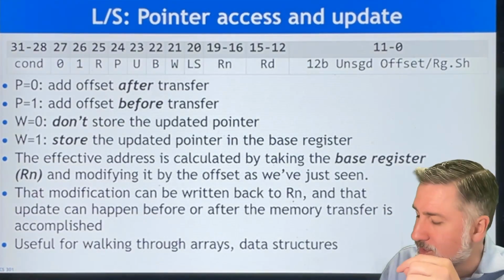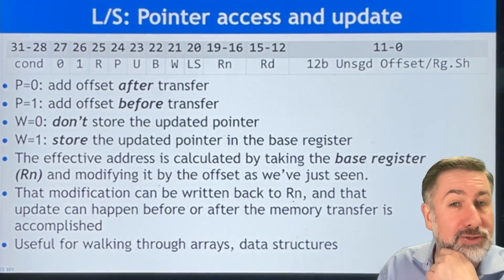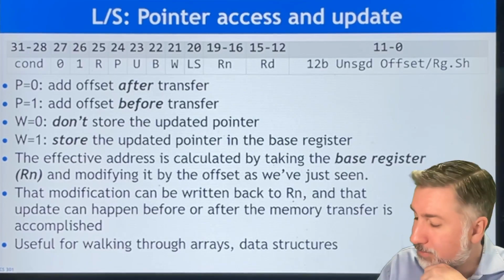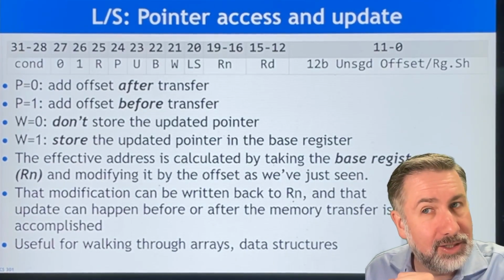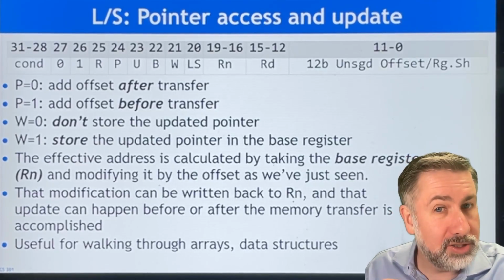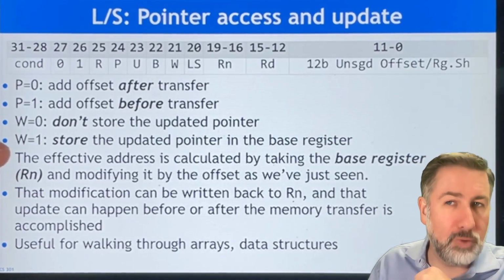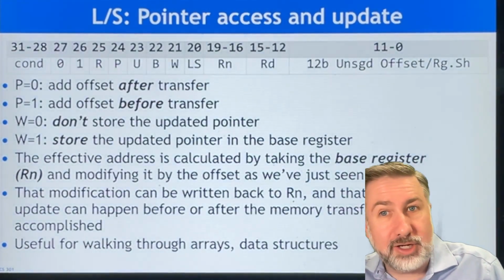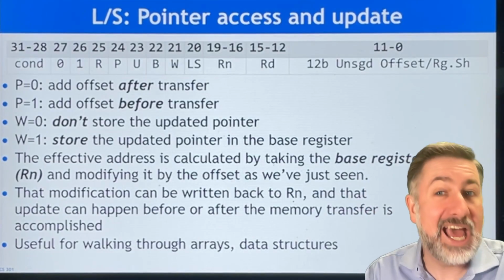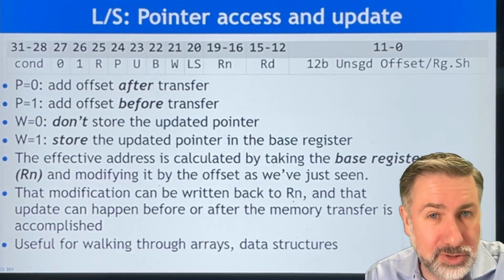So W says whether I'm going to change the value of the pointer. P says whether I'm going to change that value before or after I use it. So this is pre or post update with write back. P equals 0 means I'm going to modify the offset after I do the load or store.